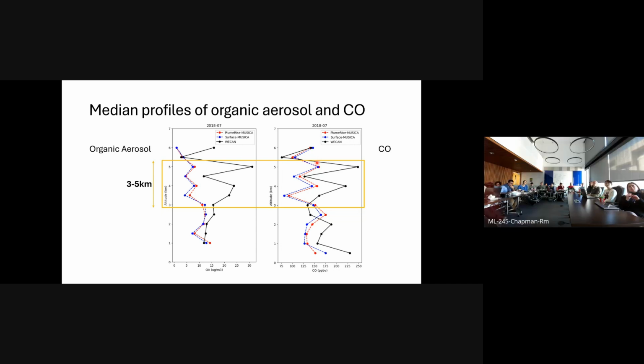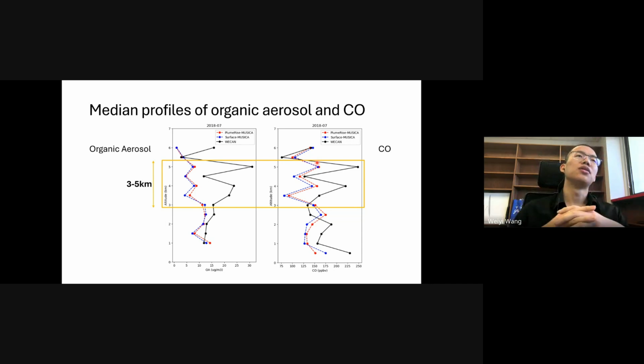So it looks like the emission at the surface is lower than the observation. Yeah. I think the plume rise model still needs some tuning process, because there are a lot of parameters that should be tuned according to the host model. So I will keep working on this.